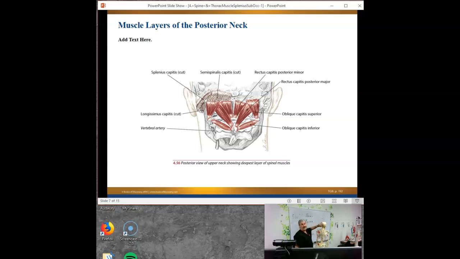This bone back here in your skull is called the occiput. This is the occipital region. These muscles lie underneath the occiput, and so they're called suboccipitals. They are tiny. Take 2 fingers and put them like this, and that's about how much space they take up.